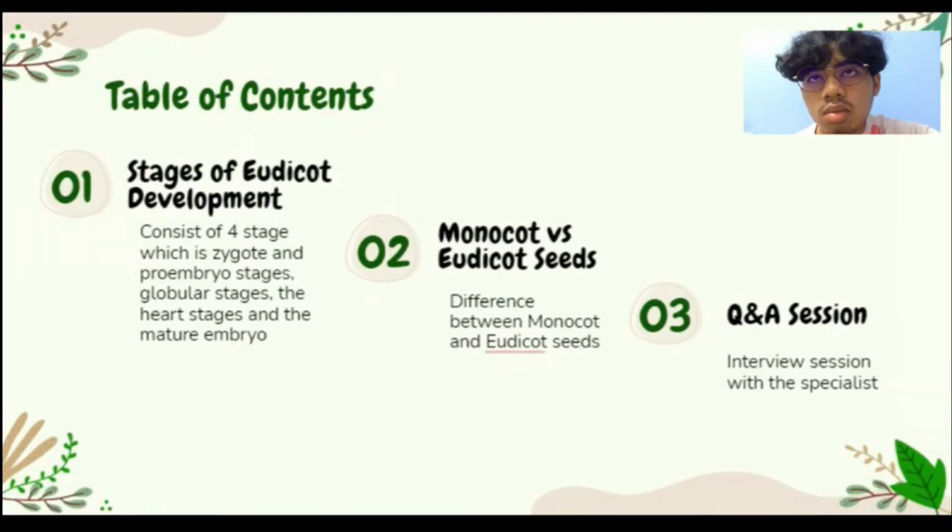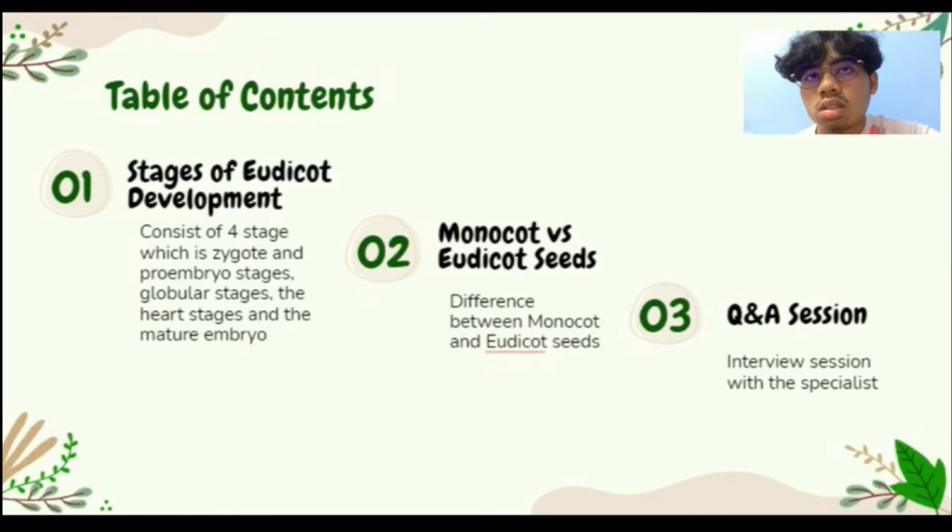The first content is stages of eudicot development, which consists of 4 stages, which is the zygote and proembryo stage, globular stage, the heart stage, and the mature embryo. The next one is monocot versus eudicot seeds, the difference between monocot and eudicot seeds.